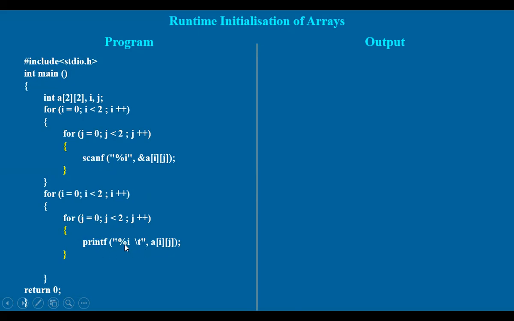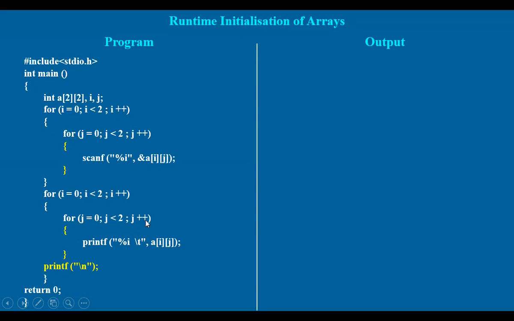We have taken this value of A[i][j] here, right? And one printf statement is put here after the completion of one particular inner loop, after all the column values in a particular row are filled with the help of this for loop.